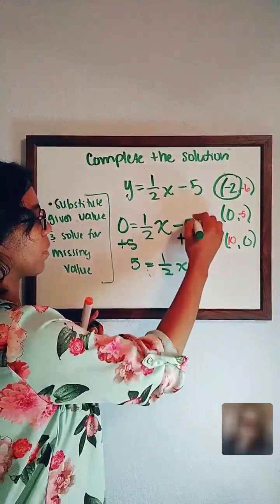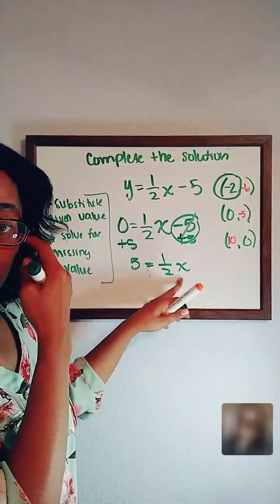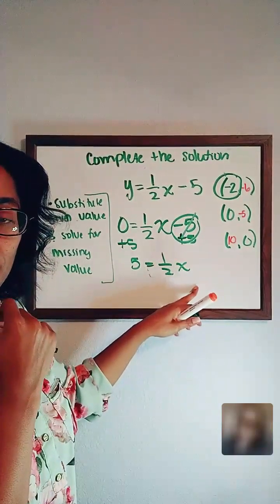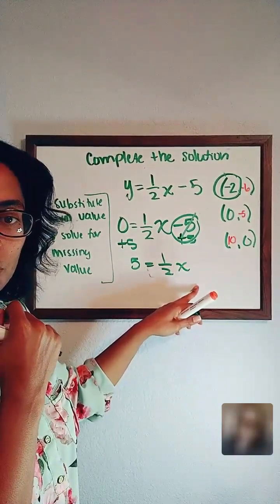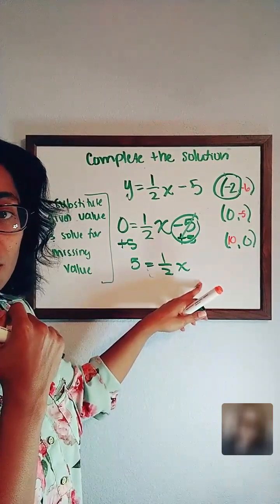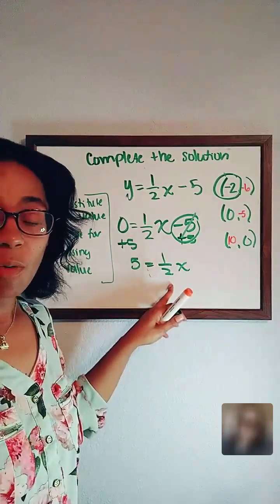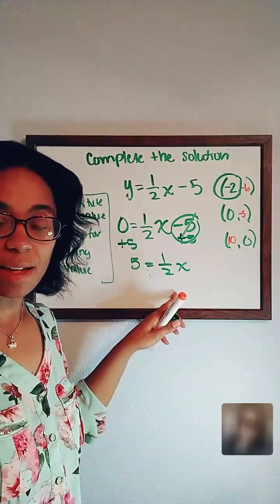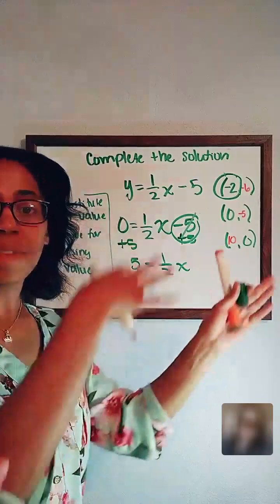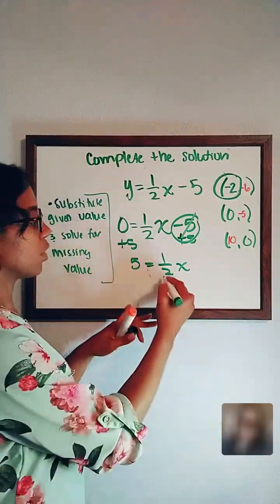Remember, this became 0. How do we get rid of this fraction over here? Since I'm multiplying by 1/2, what do we do? Yeah, it's gonna be 10. We divide by 1/2, which is the same as multiplying by the reciprocal. So dividing a fraction, right?